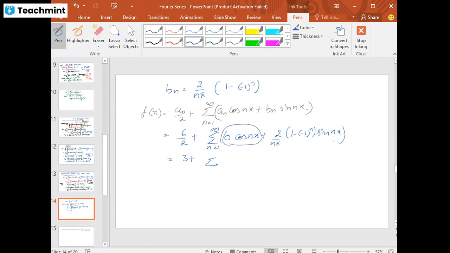So we are left with n varies from 1 to infinity. 2 upon pi is constant taken outside. 1 minus (minus 1) raised to power n upon n times sine nx. Okay, so if I open this particular series, then we can get its value as 3 plus 2 upon pi.